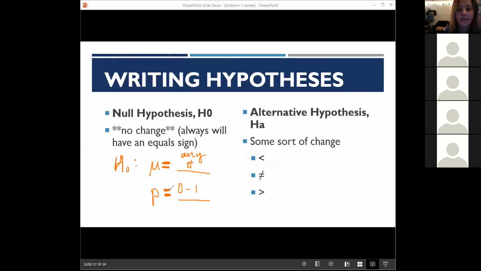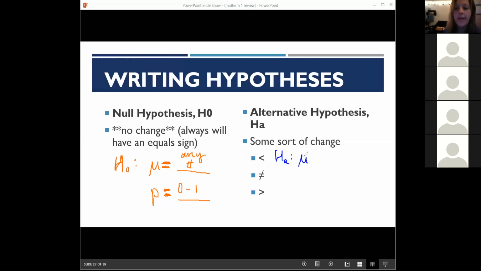Remember, it always has to have an equal sign. We'll never have anything else besides that. On the contrary, we have our alternative hypothesis, where there's going to be some sort of change going on. For our alternative hypothesis, remember, because we're making inference about the population, we're going to use population symbols, as Lydia showed us earlier. Mu and p are population symbols for mean and proportion.